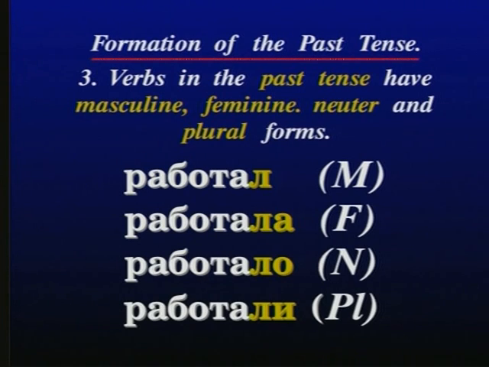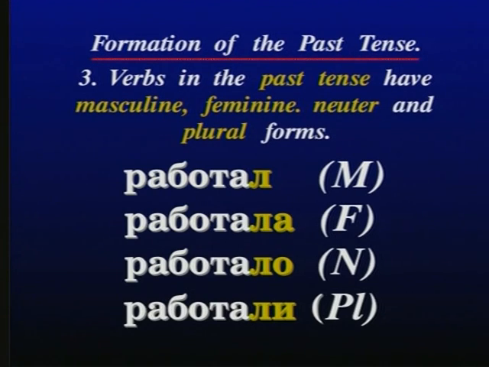After we added the L to the verb to make it a past tense form, we need to remember that verbs in the past tense have masculine, feminine, and plural forms. Работал is masculine, and you remember that a consonant, any kind of consonant, is a generic masculine ending in the Russian language.